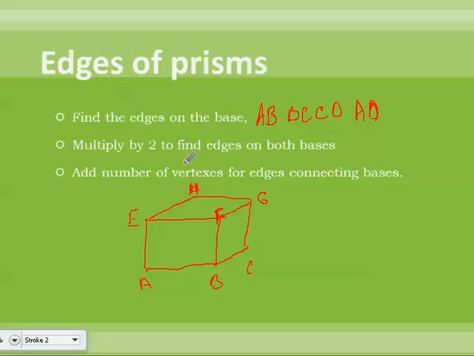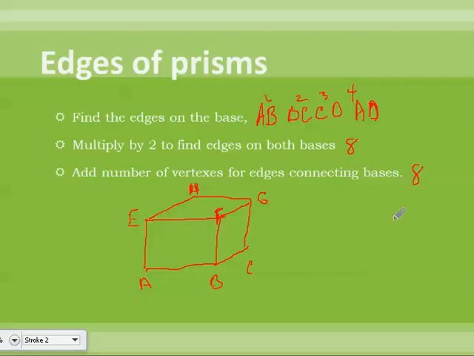Oh, okay. What they're actually asking you here is how many edges are there on a base? Well, there's 4 of them: 1, 2, 3, and 4. If I multiply that by 2, because there's a top and a bottom, there are 8 total edges. So the number of vertexes for edges containing bases, well, there are 8 vertexes on here too.